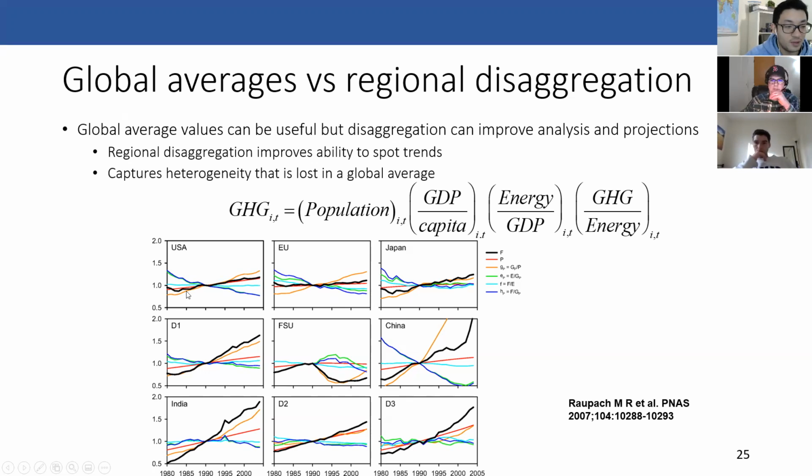The nice thing is you can really see there's a lot of heterogeneity, with different trends and patterns coming out of different regions that you would not be able to see very well if you just averaged everything together.